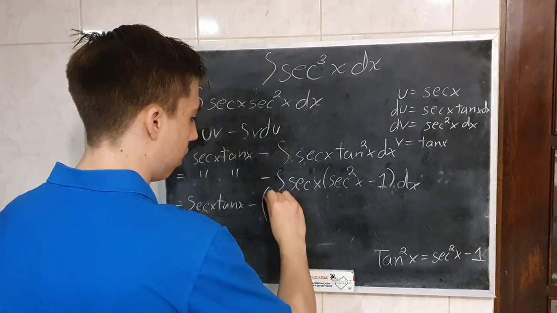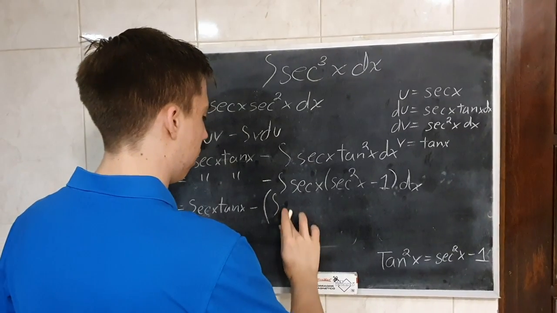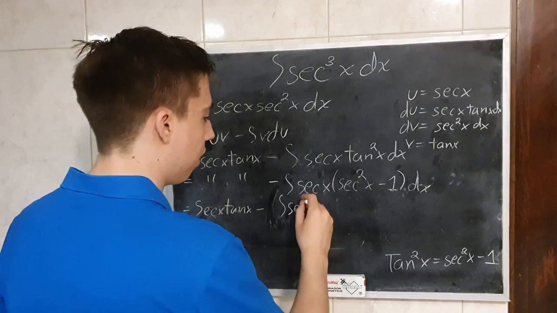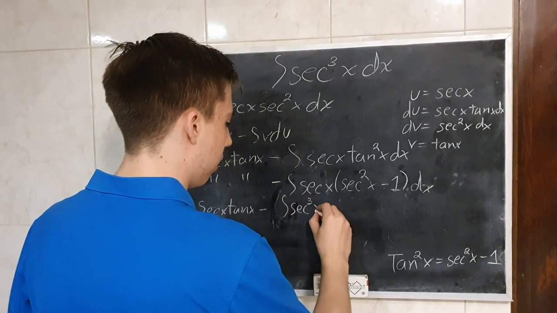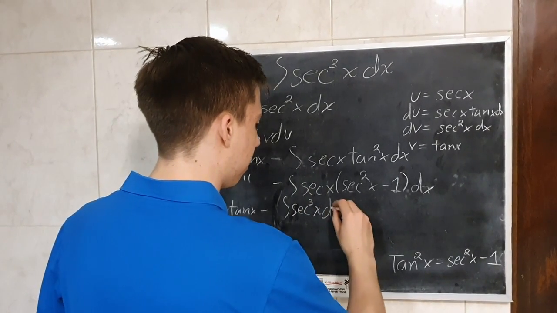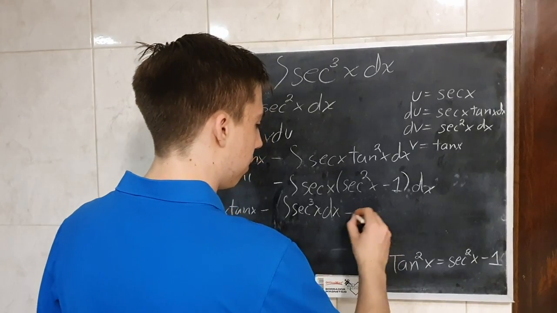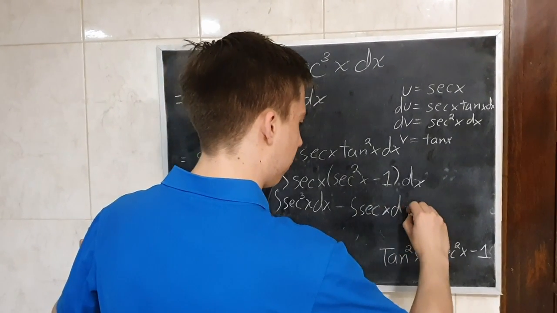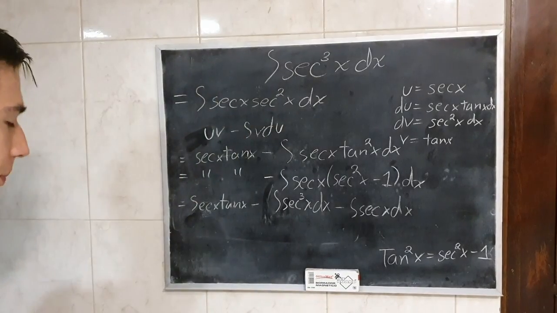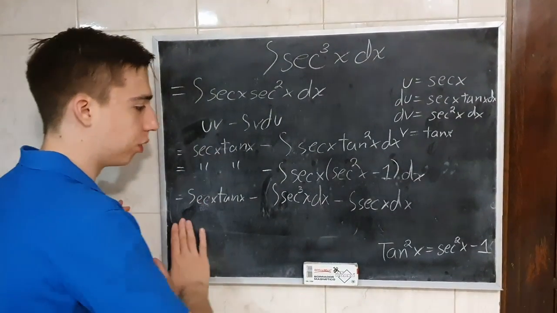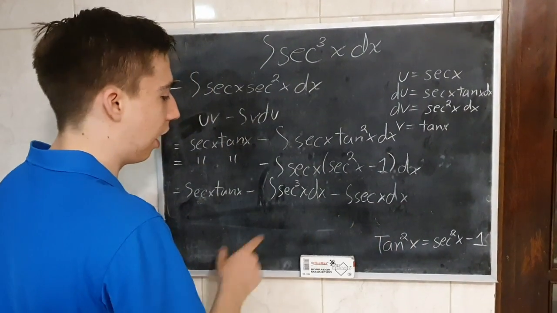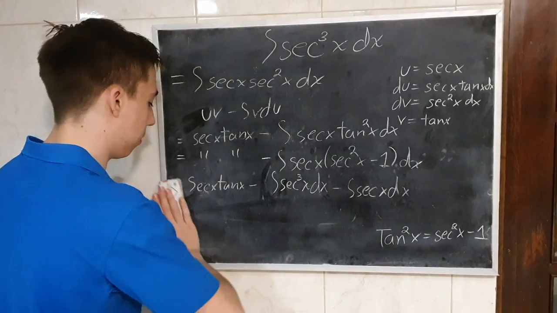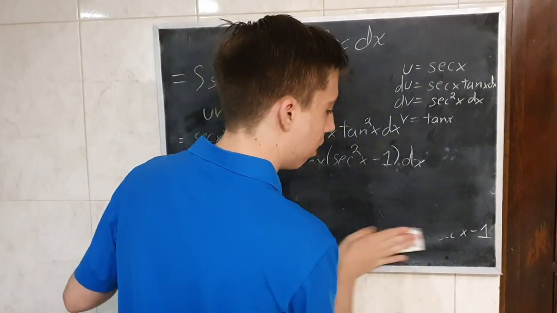Secant x tan x minus secant cubed x dx minus secant x dx. Okay, and we just need to simplify this and finish this part to finish the problem.